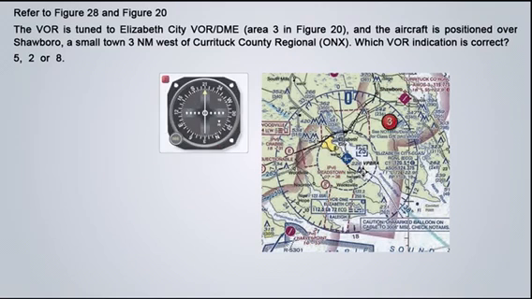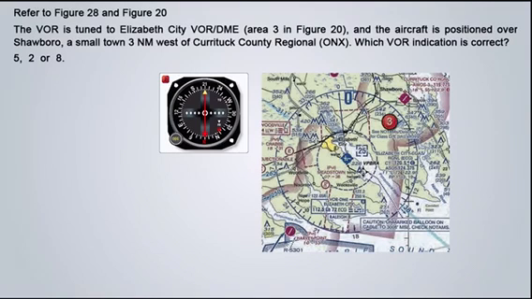Now let's do the same with VOR number 2. First, we look at the flag, which as you can see, in this case, points straight down. And because the needle is again centered, the number we're looking for to fly directly to the station can be found straight down from the middle of the instrument. That number is 030 once again. So once more, to head directly to Elizabeth City VOR, we would need to fly a heading of 030.